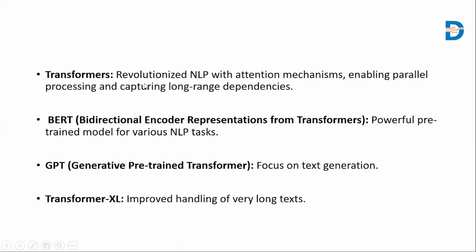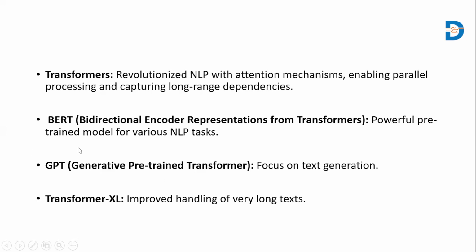Then there is the transformer, which revolutionized NLP with the attention mechanism, enabling parallel processing and capturing long range dependency. Then BERT stands for Bidirectional Encoder Representations from Transformers. Basically the transformer is a combination of encoder and decoder, and BERT is inspired by the encoder part of the transformer.